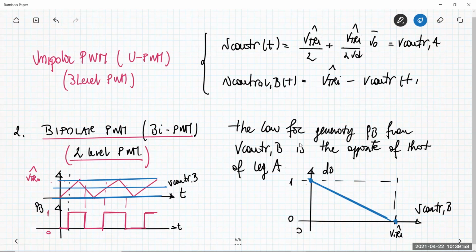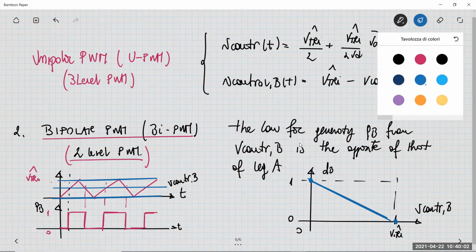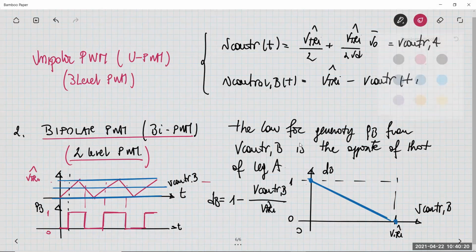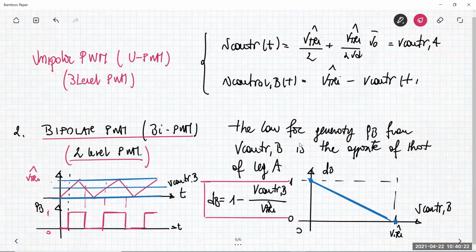This is now my graphical representation of what happens. So it means that my duty cycle dB is 1 minus V control B over V triangular peak. And this is my transfer function for this generation law.